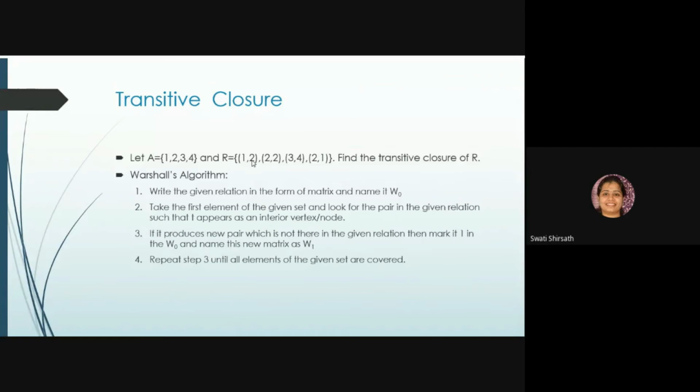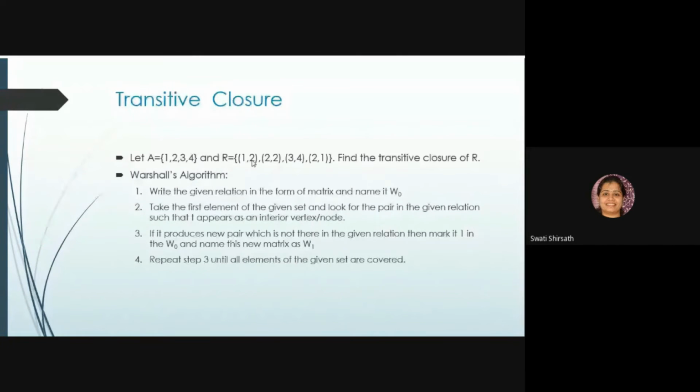If the previous matrix and the current matrix are the same, you can write W0 equals W1, or WA equals WB. If transitivity is not generating new pairs, you can directly write that these two matrices are the same.